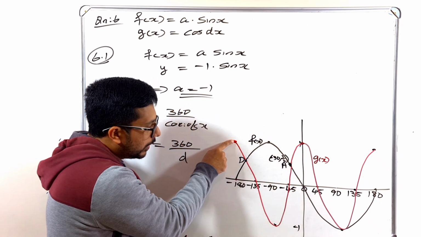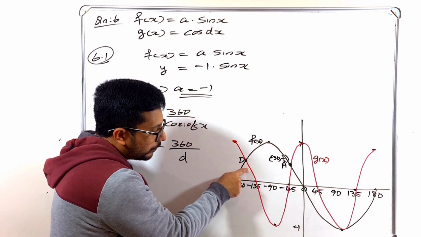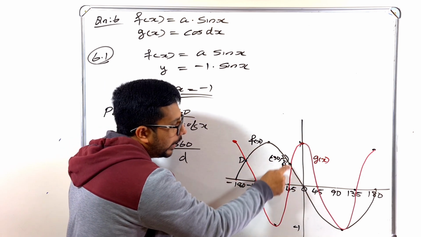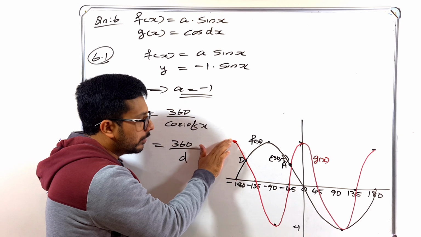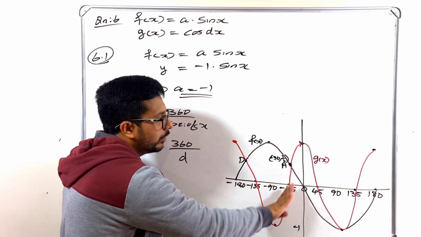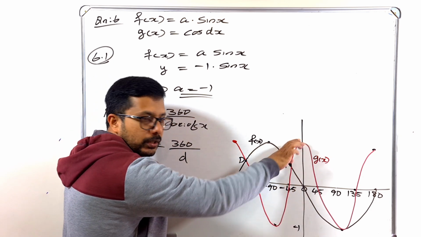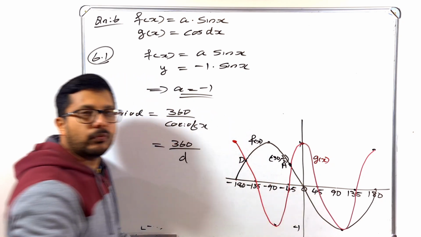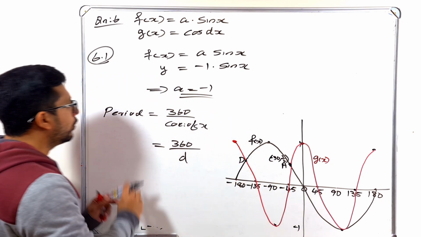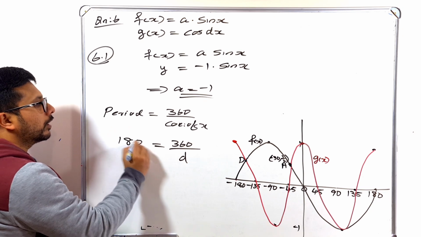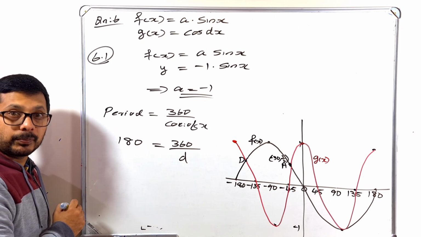So this g of x graph took 180 degrees to complete one rotation, starting from here, then again the same point. That means how many degrees it took? 180, and that is actually the period. So from the graph we know that the period is 180.